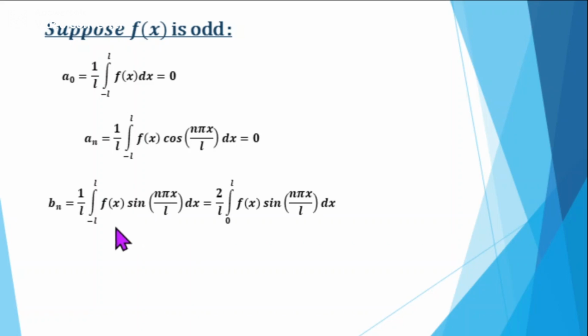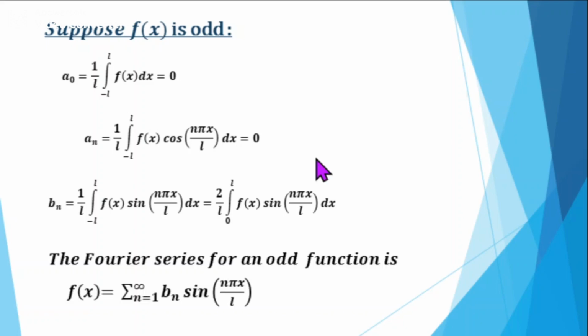So integral from minus L to L can be written as 2 times integral from 0 to L. The formula for bn will be 2 by L integral from 0 to L f of x sin n pi x by L dx. So the Fourier series will be f of x equal to summation n from 1 to infinity bn sin n pi x by L. Here note that an odd function has only sine terms in its Fourier series expansion.